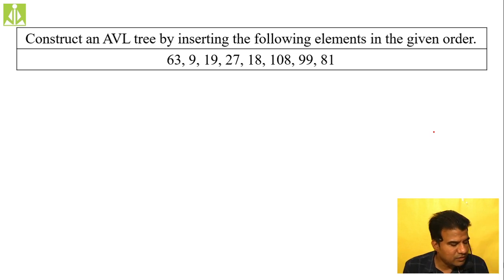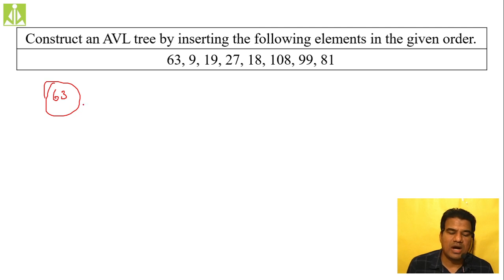Our first node, which is 63, we have to insert. Before inserting that 63, our AVL tree is empty. So make that 63 the root node. So we are doing that thing over here. I'm making the 63 a root node.